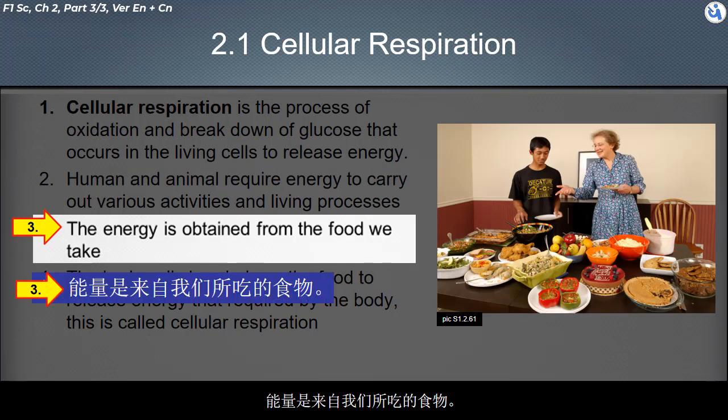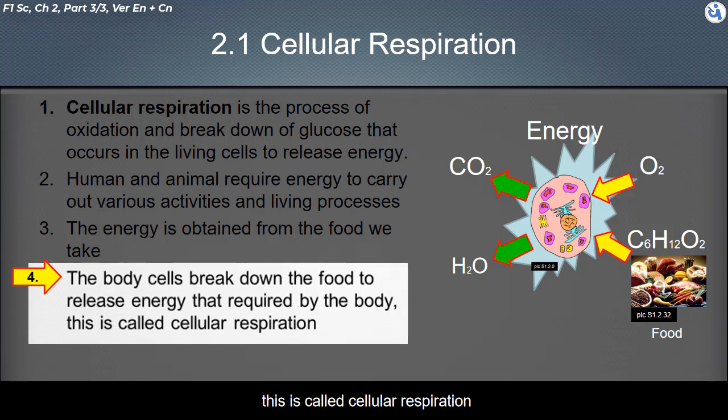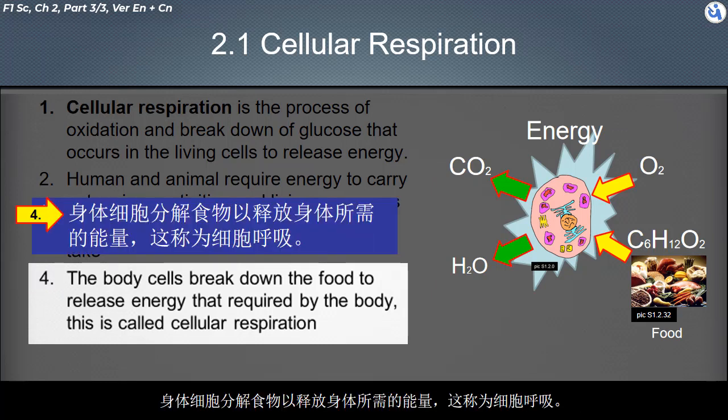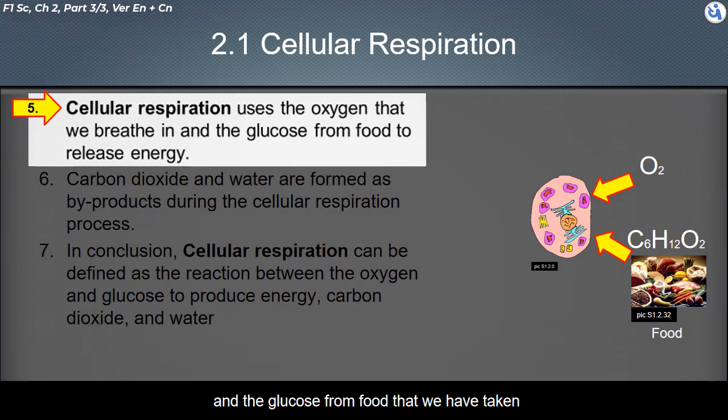The body cells break down the food to release energy required by the body. This is called cellular respiration.